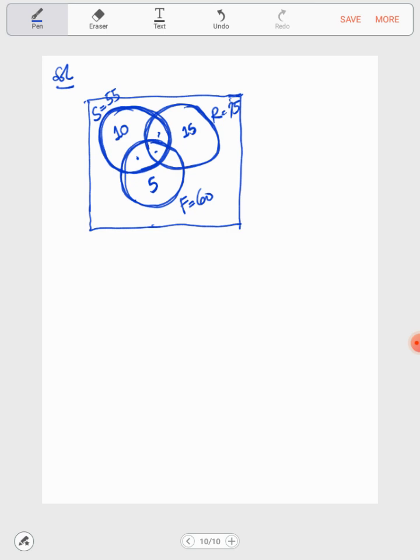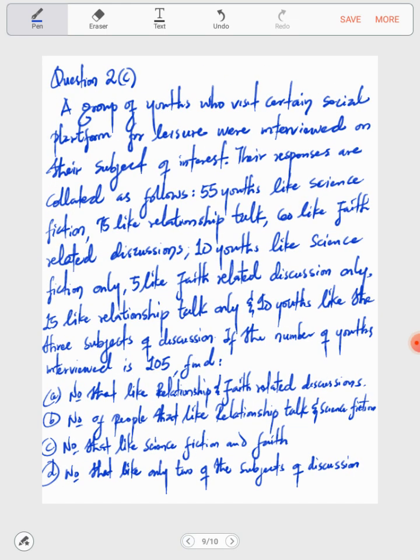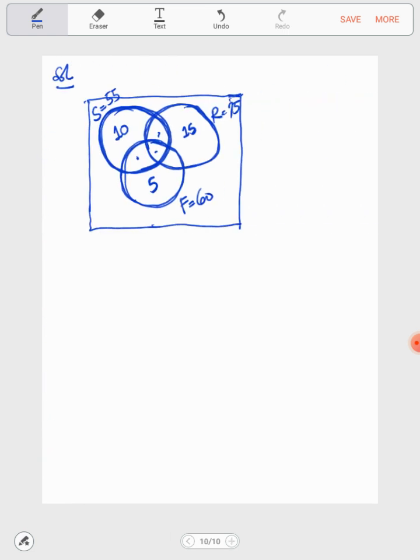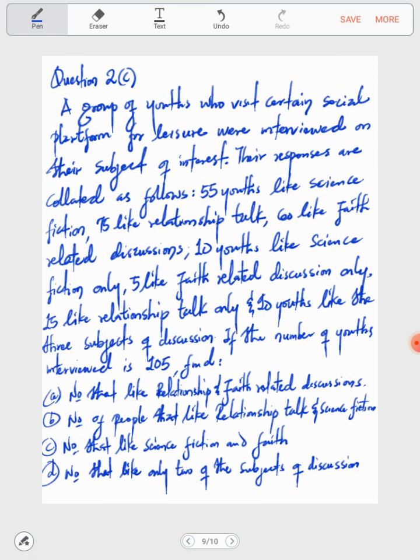Take note of the difference between those that love relationship and those that love relationship only. Certain youths like all three subjects of discussion. So when we say 10 of them love all three, that is the intersection of the three circles, which corresponds to here.